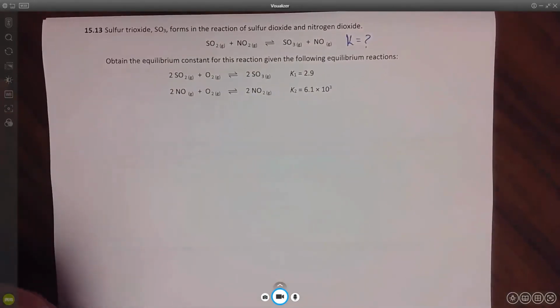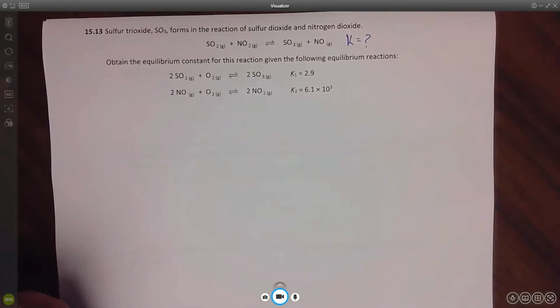Keenan, what do you think we're going to have to do? So we're going to have to look at these equations, rearrange them, and then either multiply. I'm still trying to figure it out, but then multiply and divide it. So if we rearrange them, like flip them, why would you want to do stuff like that?